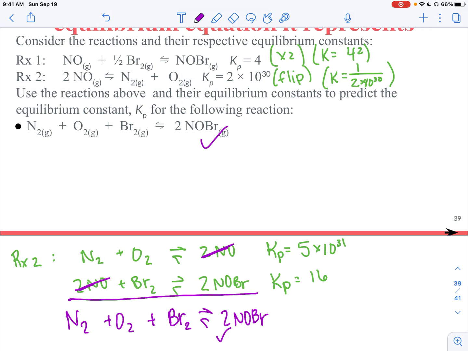So when you add reactions together, you multiply the K values. So we'll take these two numbers and multiply them together. And so when you do that, you end up with Kp is equal to 8 times 10 to the negative 30.